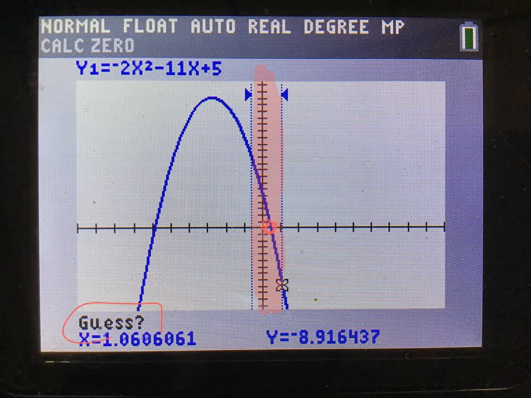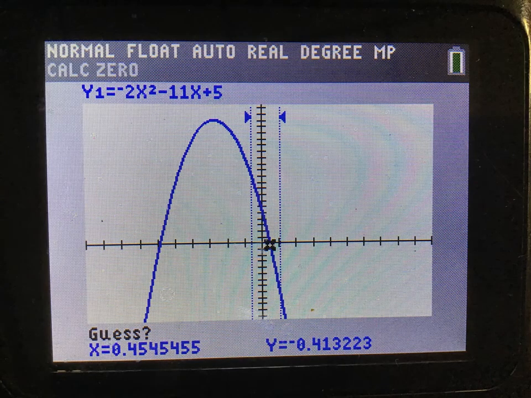And now for guess, I'm just going to press to the left a little bit until my cursor gets close to where it touches the x-axis. You see how my cursor now is about where it crosses the x-axis over here.